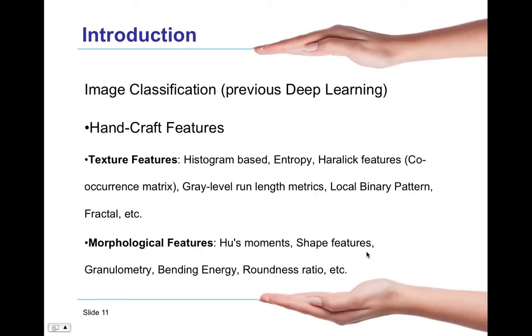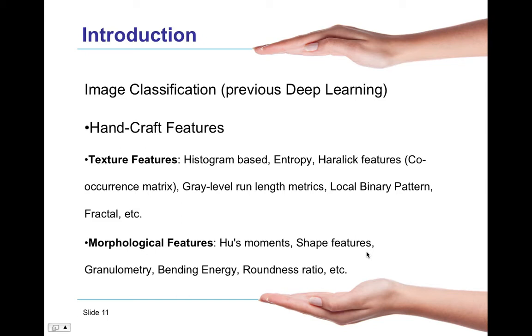Okay, so the way it was done in previous decades before deep learning, we generally extracted handcrafted features, which means that we use the image and some formulas to extract values from it, and these values can represent several things, like the histogram, entropy, co-occurrence matrix, gray level runs, and there's a bunch of them, right? So what we had to do before deep learning is construct our set of features.